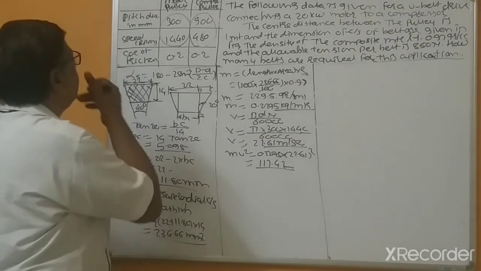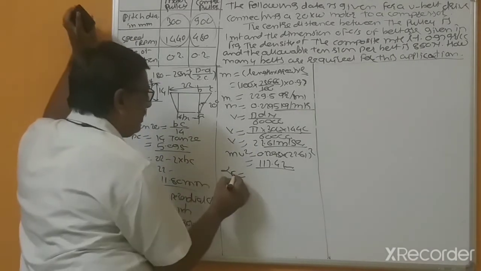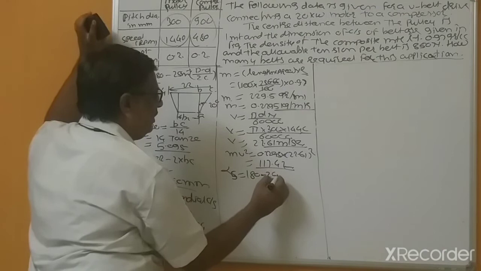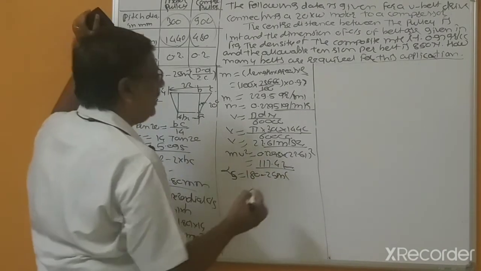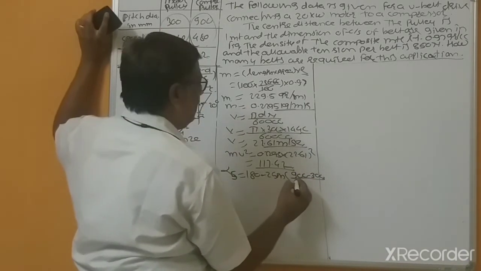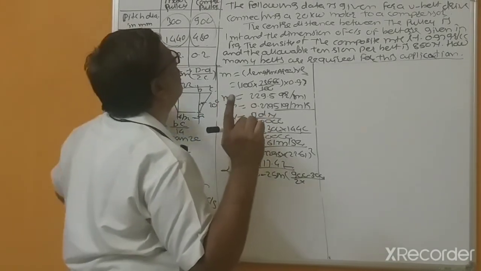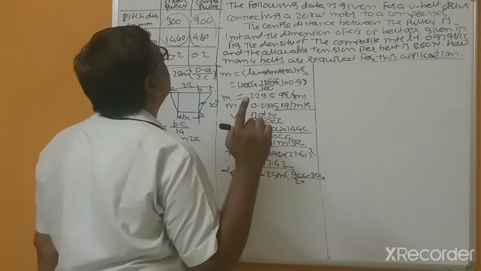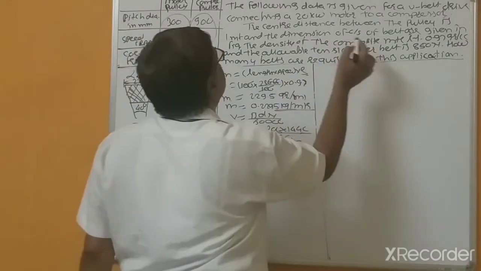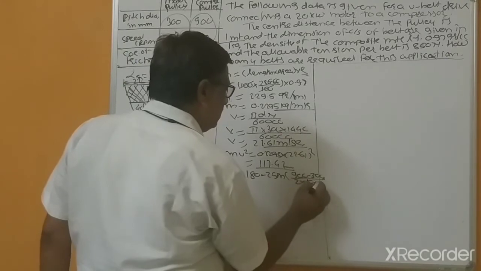Right? So next, alpha s equal to smaller pulley, 180 minus 2 sine inverse, capital D equal to 900, small d 300, divided by 2 into center distance. Center distance between the pulleys is given, 1 meter. So that's why 2 multiplied by 1000.